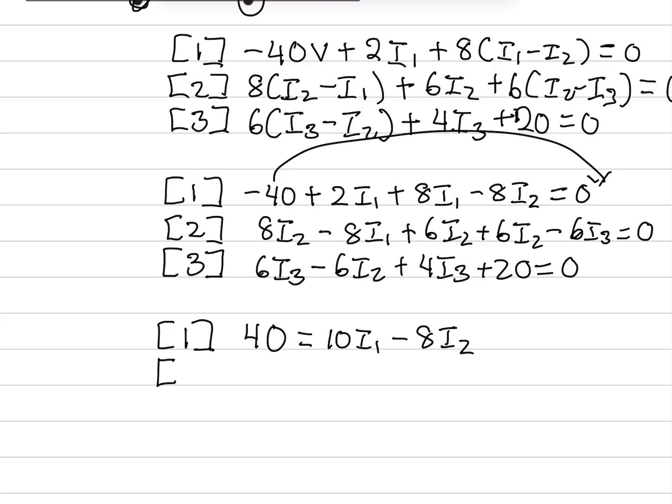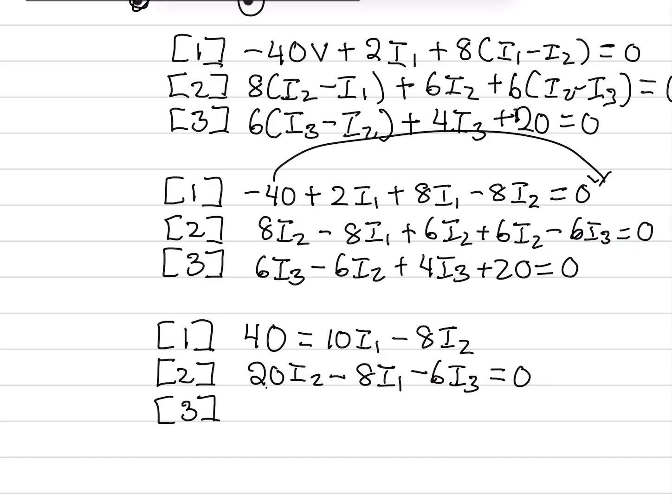The second equation is 20I2 minus 8I1 minus 6I3 equals 0 again. And the last equation simplifies to negative 20 equals negative 6I2, and 6 plus 4 is 10, so plus 10I3.